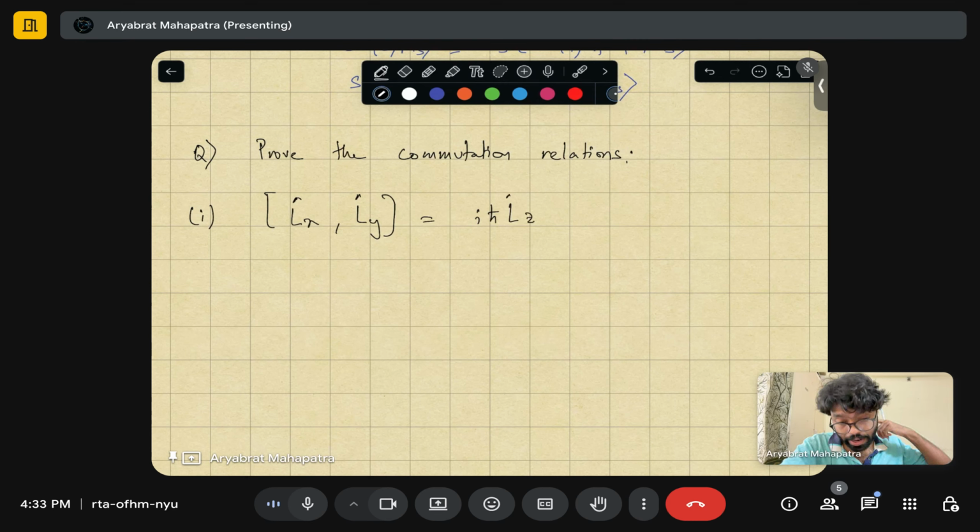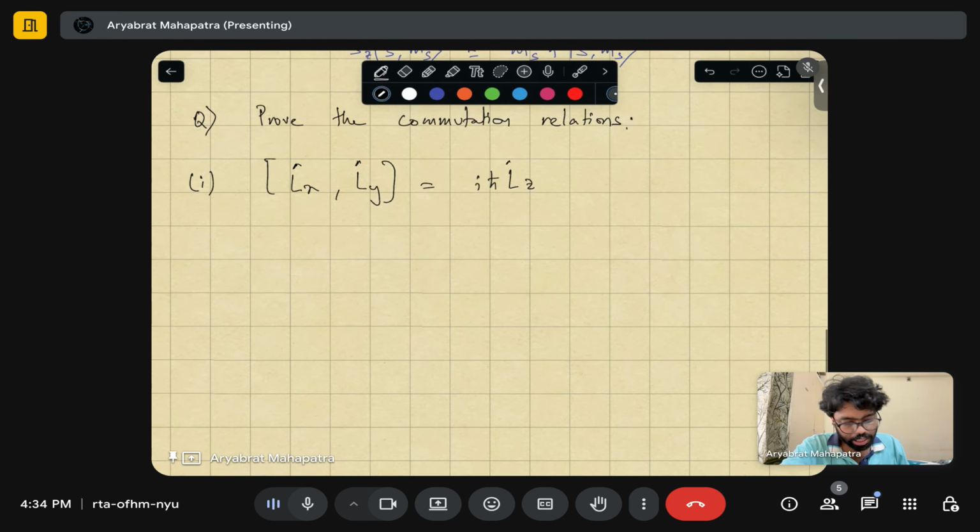The LX operator and LY operator do not commute. That means they do not share a common eigenset, and you cannot measure them simultaneously for a given quantum system. There will be uncertainty, so you cannot measure them simultaneously with certainty. That is why you get a non-zero commutator.